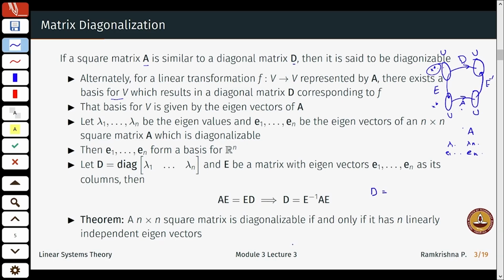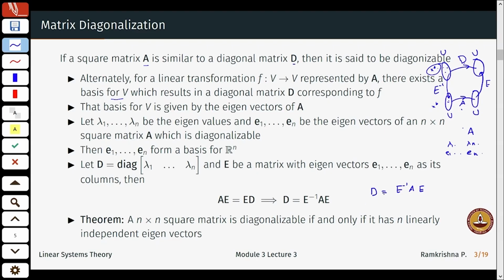So D is E inverse A E. It does not matter, because it is always invertible. If I can go from here to here, I can always go from this point to this point.